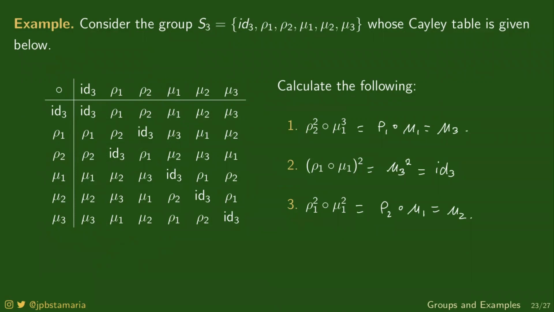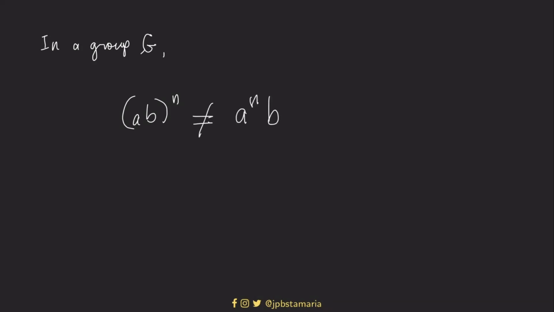May napansin kayo? No? Napansin niyo ba to? Hindi parehas na? Yes. In a group, ang AB to the power of n is not all the time equal to A to the n, B to the n.